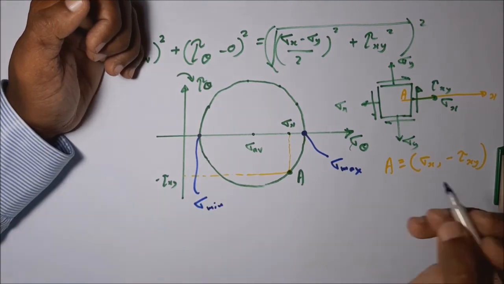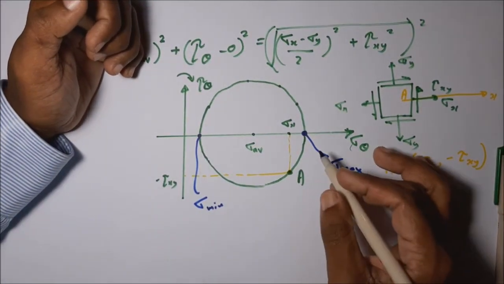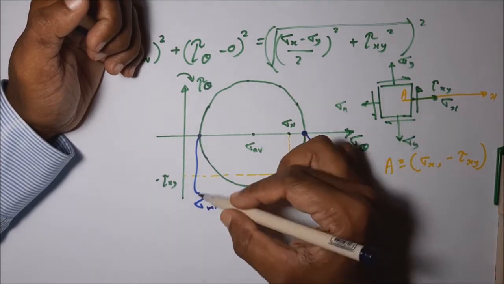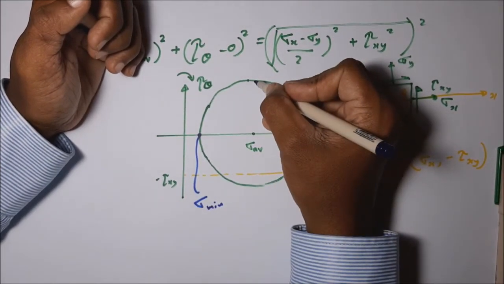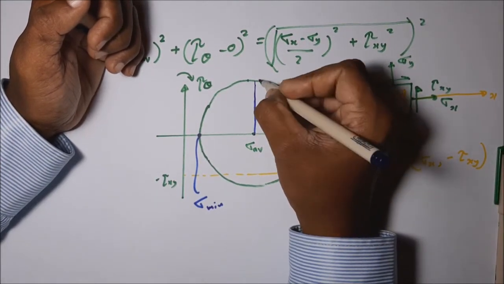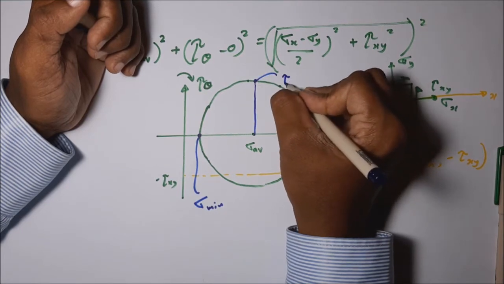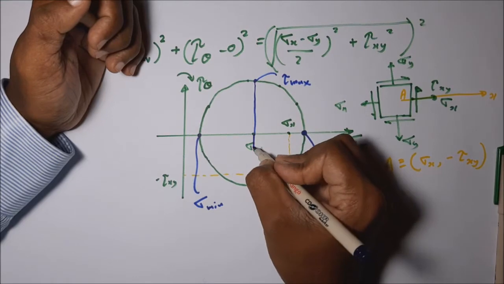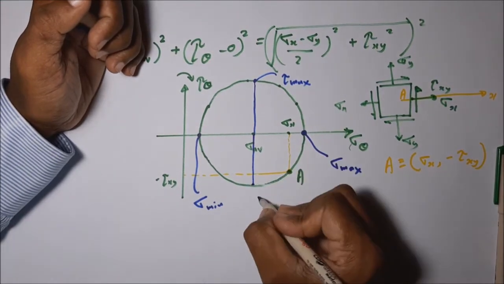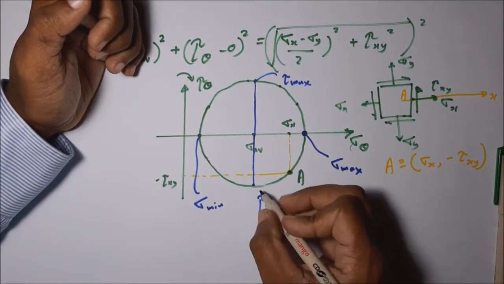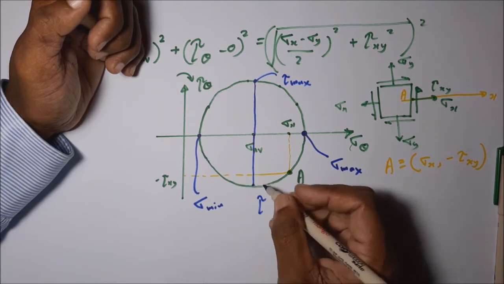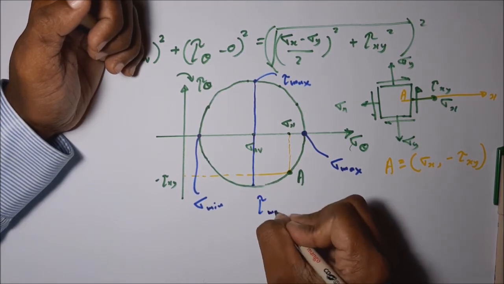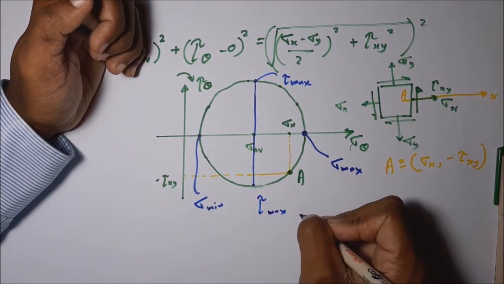Also here you can see tau maximum value, and here it is tau minimum value. You can see the magnitudes are the same, but only the direction is changed.